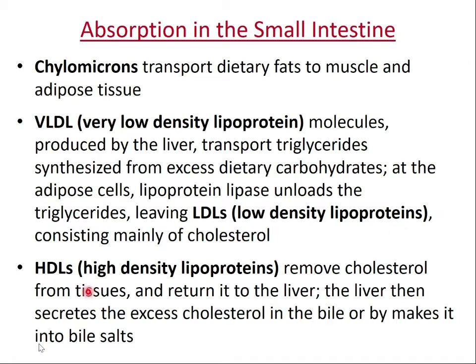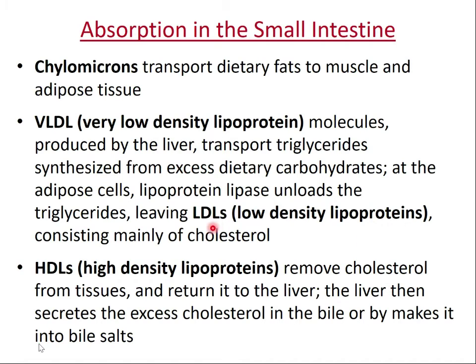Then we also have the high density lipoproteins. These help remove cholesterol from the tissue. So when these lipid molecules are being absorbed from the digestive tract, there has to be a way for the cell to regulate accumulating them, taking them somewhere, and also being able to remove them from the tissue.